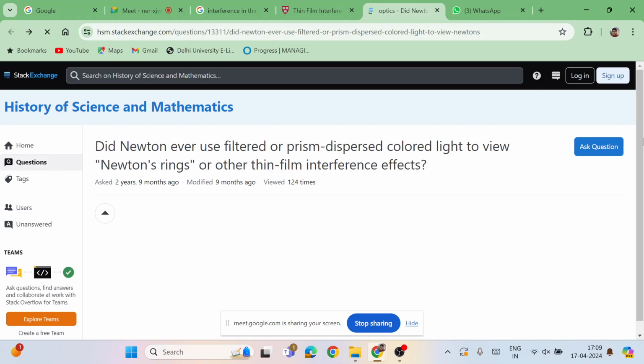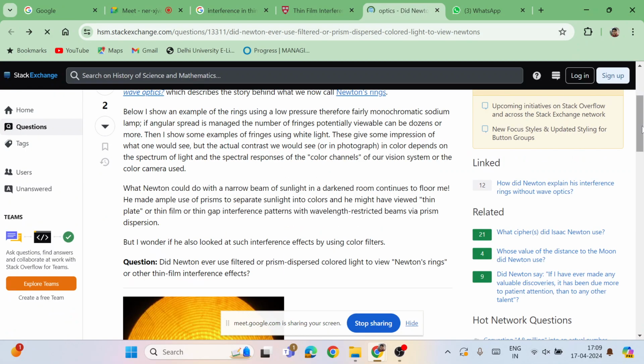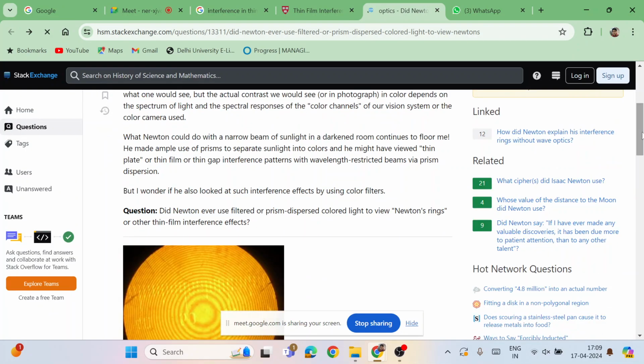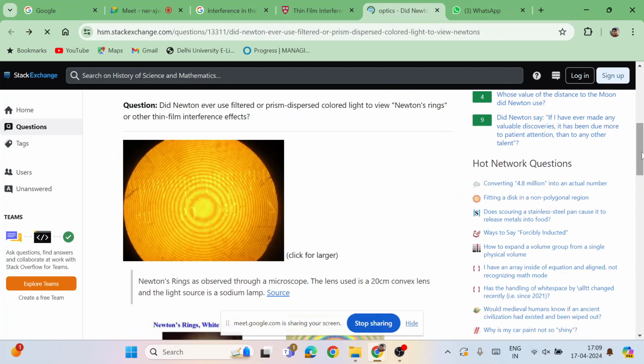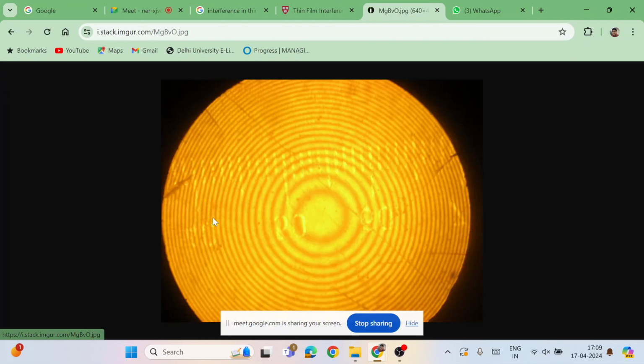But if I want to see my Newton rings from the setup, transmitted side से मैं देखता हूँ, it will be something like this. Right? It will be something like this.